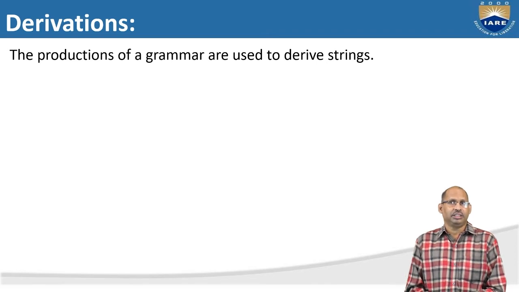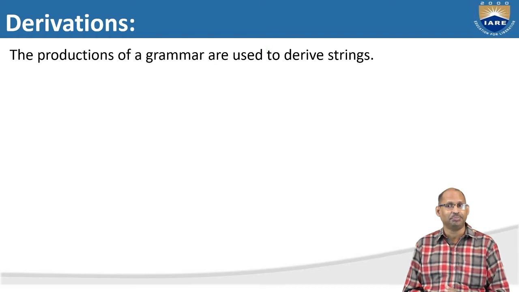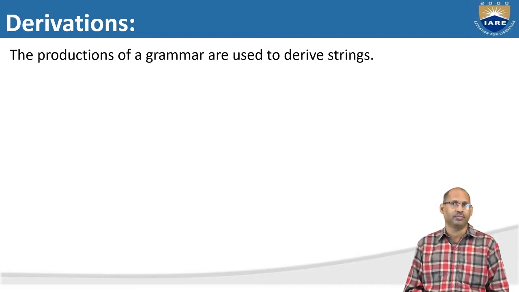Then derivations. The productions of a grammar are used to derive strings, right? Any string should be derived from the productions of the grammar. Then we say the string is accepted by the grammar, right?